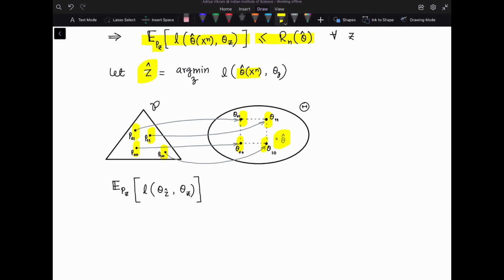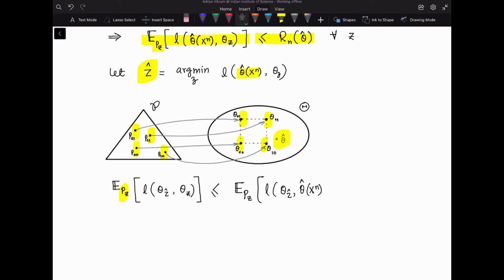Okay, so to relate R_n(theta hat) to the probability of error in the hypothesis testing problem, let's try to bound this expected distance between theta_z hat and theta_z when we assume that the samples are coming from P_z. So first we can use the triangle inequality, right?